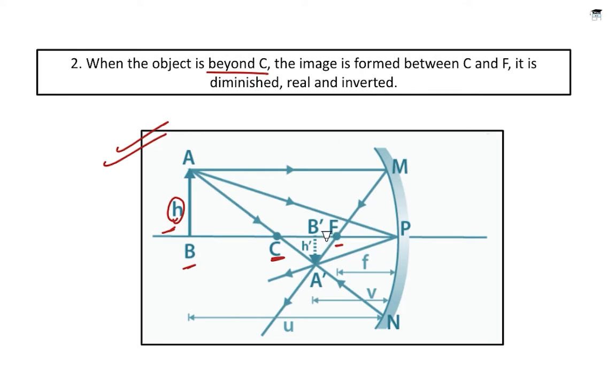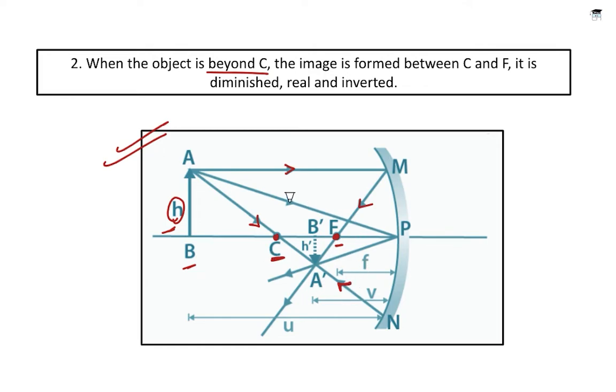Here we have taken three cases. The first case is that the ray of light which is parallel to the principal axis after reflection will pass through the focus. The second case is that a ray of light which passes through the center of curvature after reflection will move back in the same direction.